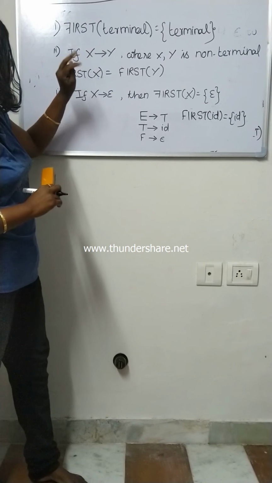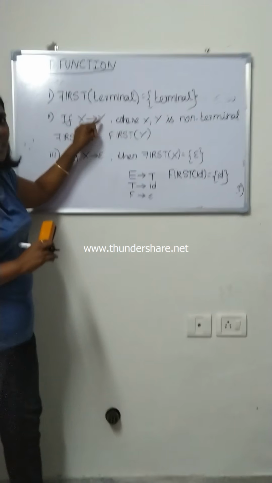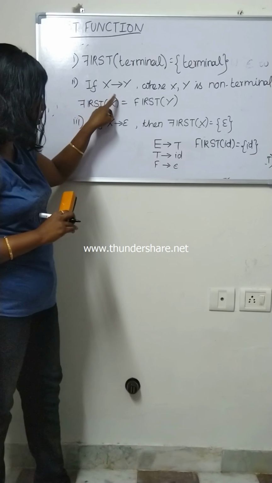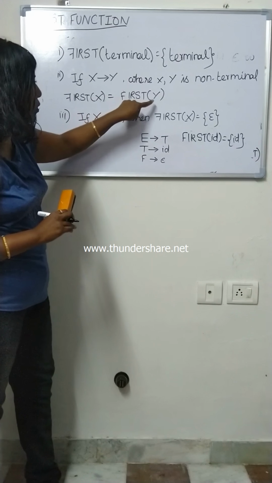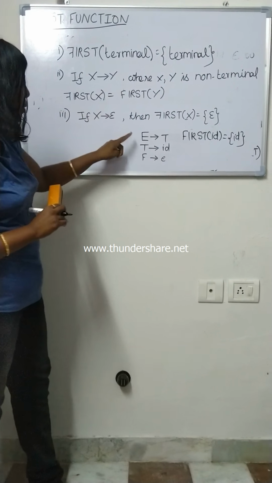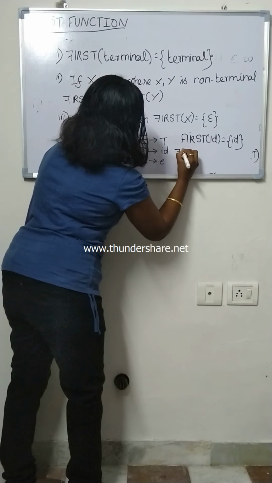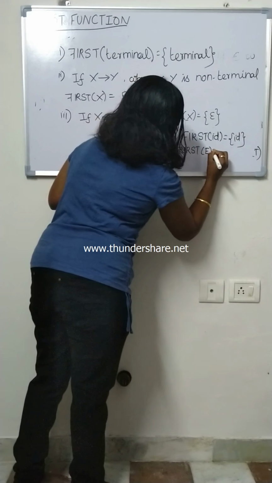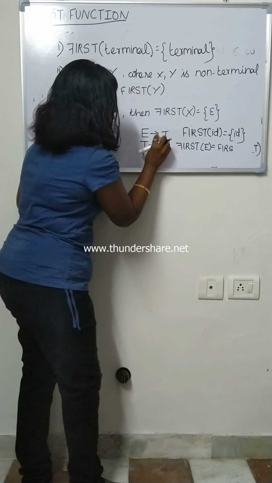Now coming to the second rule. Suppose X derives Y. Here both X and Y are non-terminals, that is both are capital letters. If so, first of X is equal to first of Y. Now coming to this example, first of E is equal to first of, after the arrow which letter is there?